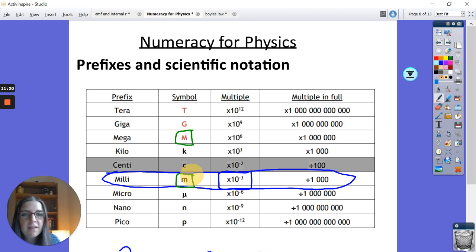There are a million volts in a megavolt, a million hertz in a megahertz, a million meters in a megameter. So that's very different to milli, whereas with milli we have to go the other way. There would be 1,000 millivolts in just 1 volt. And the way that we write that kind of opposite direction is to say it's times 10 to the minus instead of times 10 to the positive.